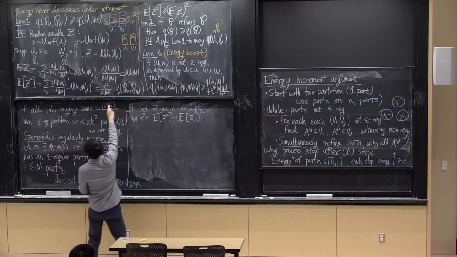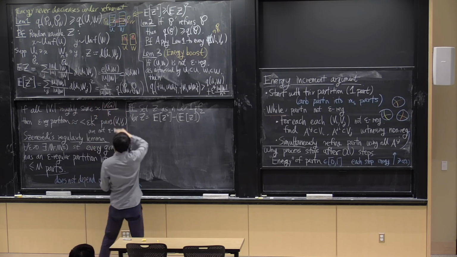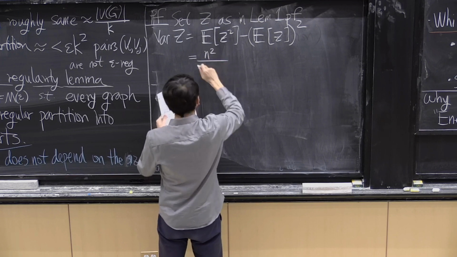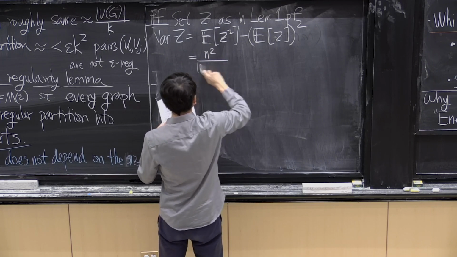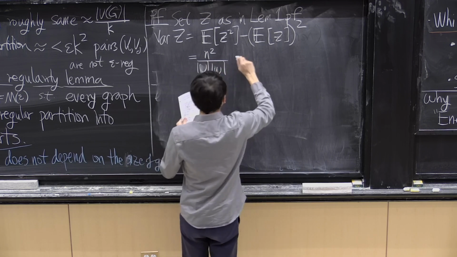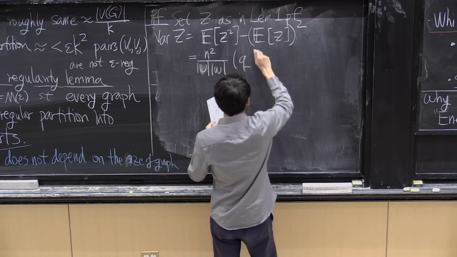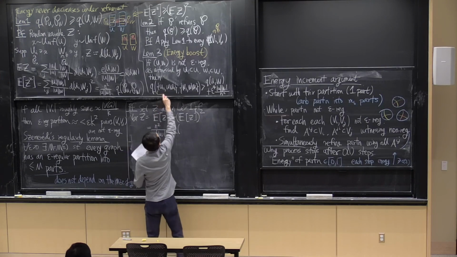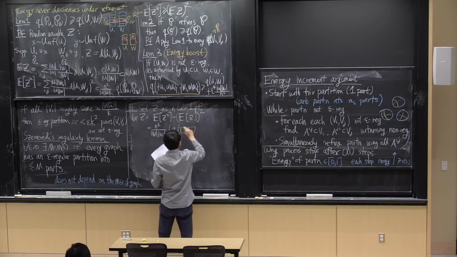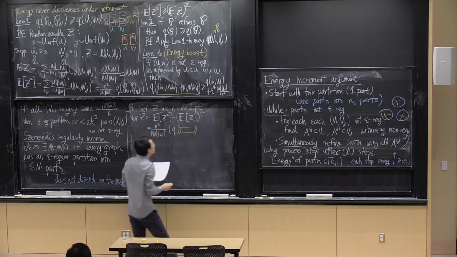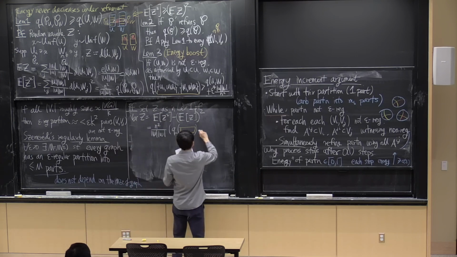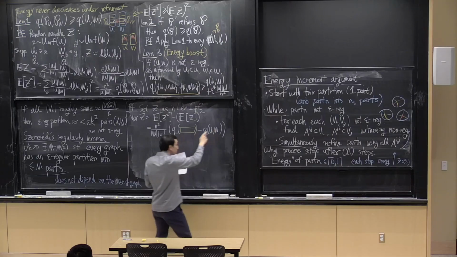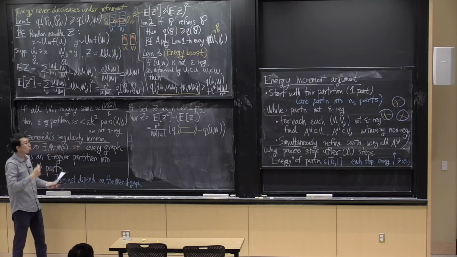So if you look at how we derived the expectation of Z and expectation of Z squared, you immediately see that this variance we can write as, up to a normalizing factor, the difference between this energy on one hand and the energy between U and W, namely the mean squared up to normalization.